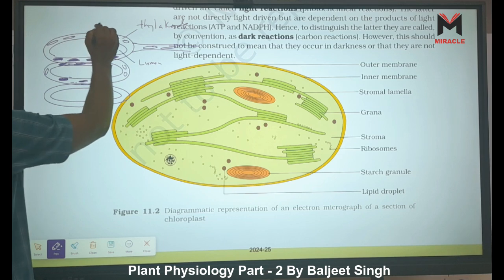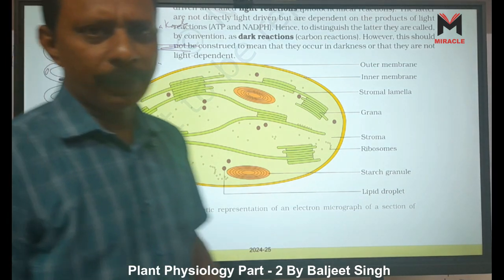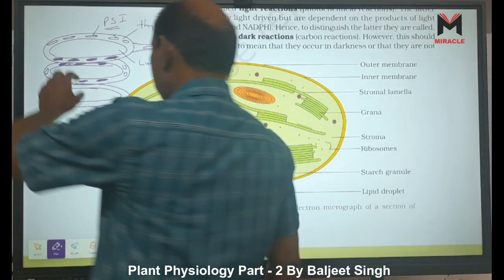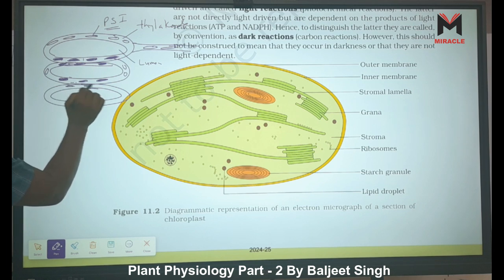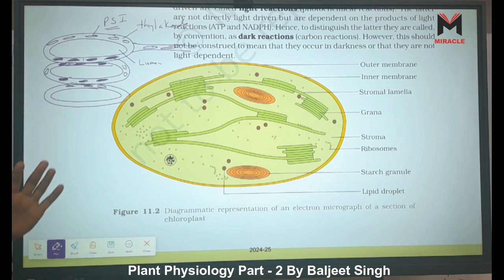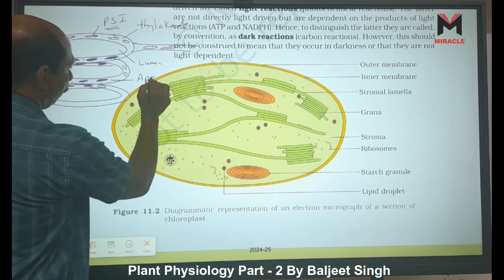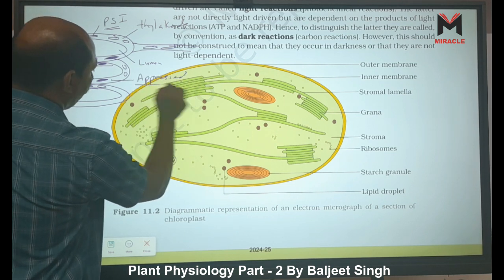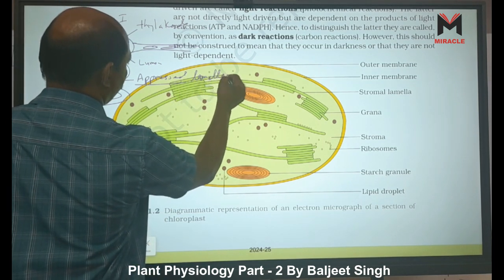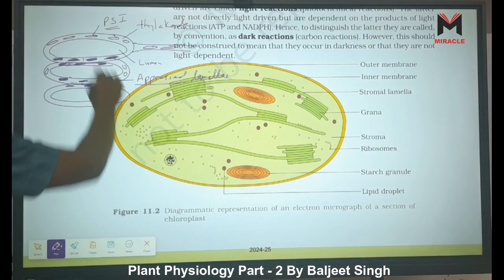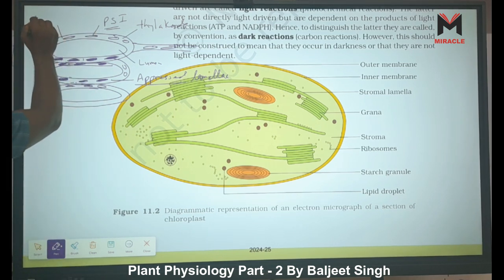Look here, this one is our PS I. PS I is present on this side because this is non-appressed. On this side, these are appressed because this is not a free end. They are not free, so they are called appressed lamellae. Lamellae means membrane, right? And this side is called non-appressed because it is a free end.